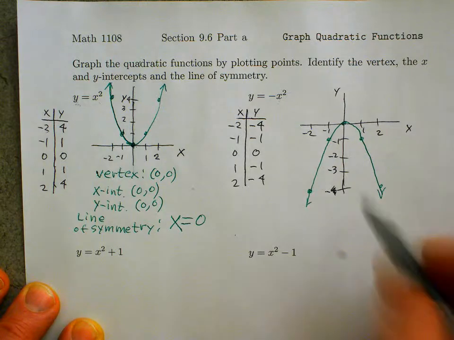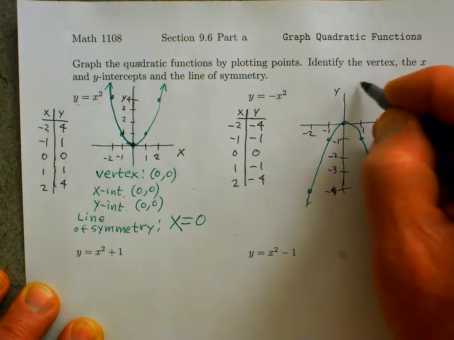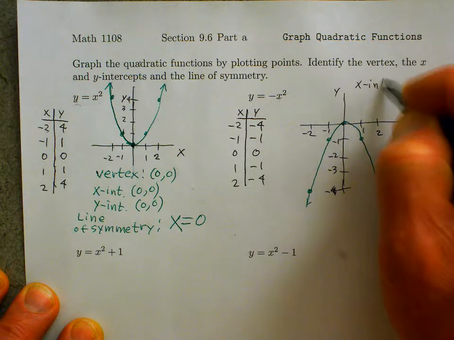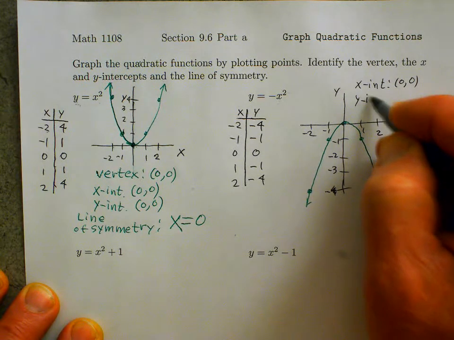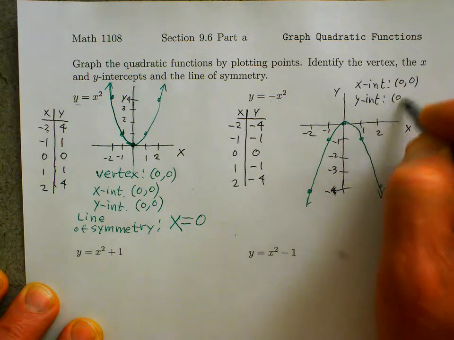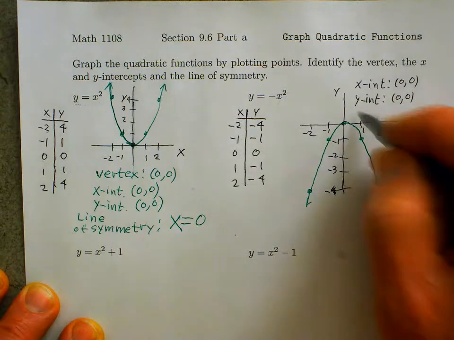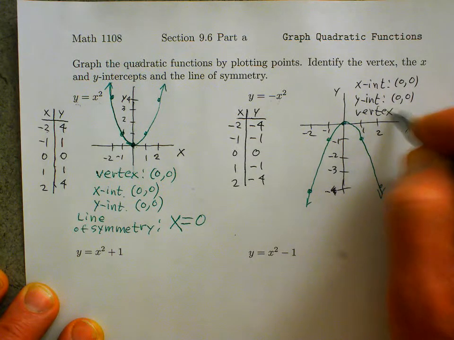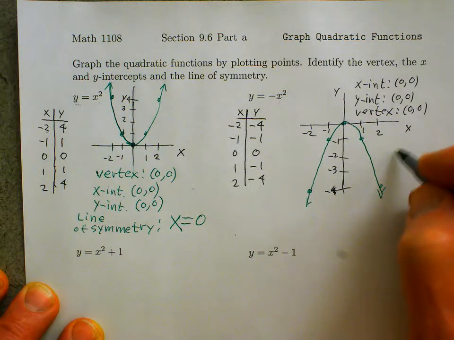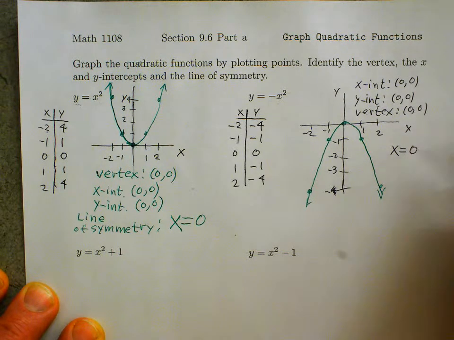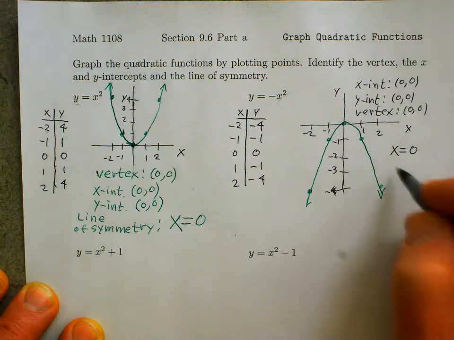So the x-intercept is 0, 0 again. The y-intercept is 0, 0. The vertex is 0, 0. And then the vertical line of symmetry is x equals 0 again.